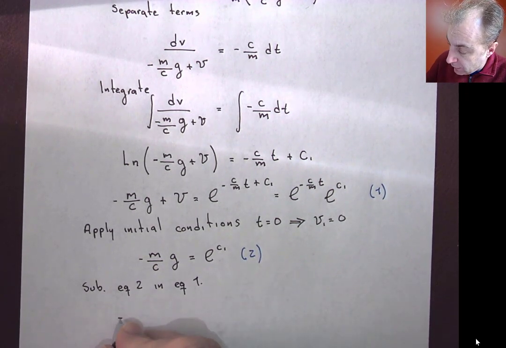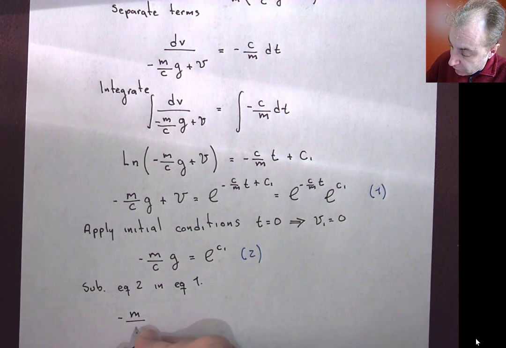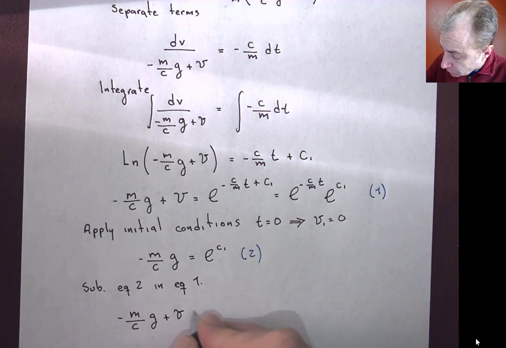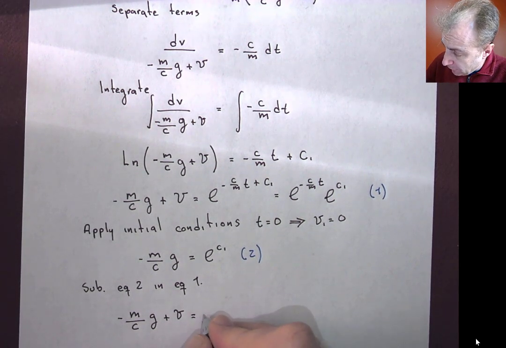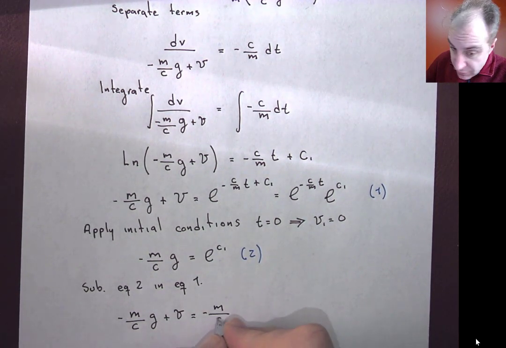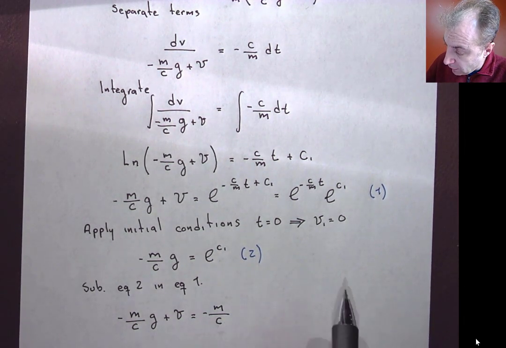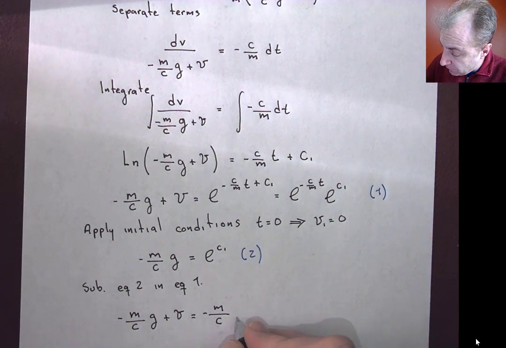And we get minus m over c g plus v equals minus m over c times, now we're going to multiply by g.